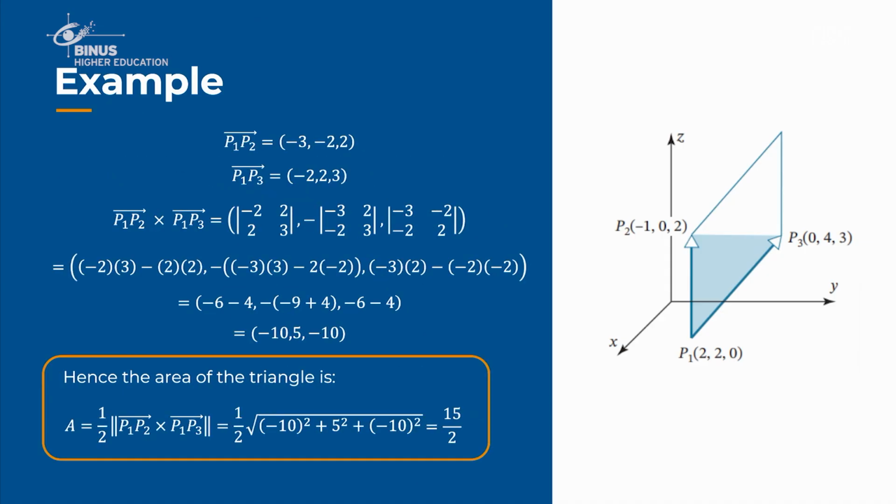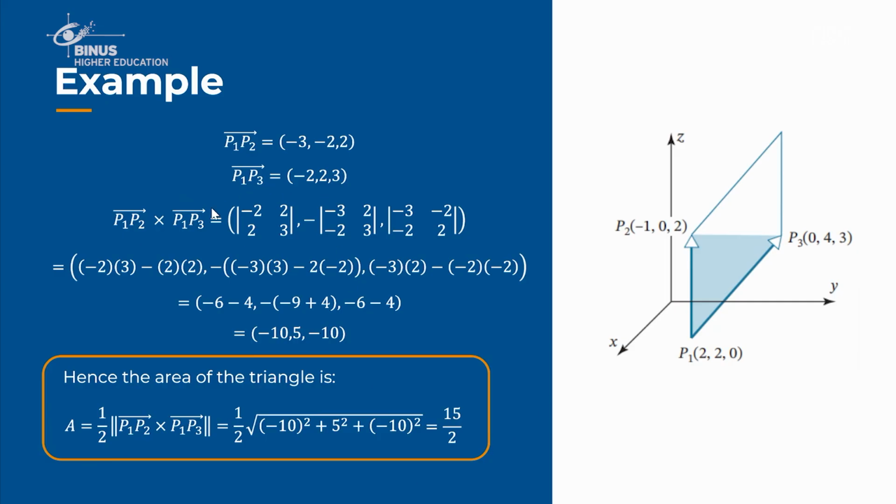Now if we calculate the cross product of P1P2 and P1P3, the first component is the determinant of the matrix (-2, 2; 2, 3). The second component is minus the determinant of (-3, 2; -2, 3). And the last component is the determinant of the matrix (-3, -2; -2, 2).